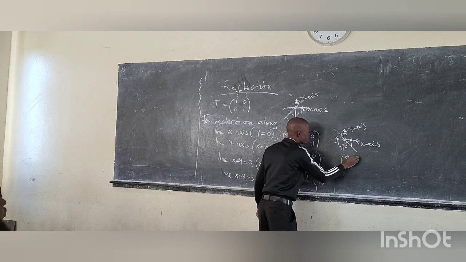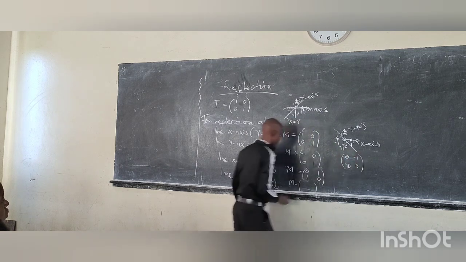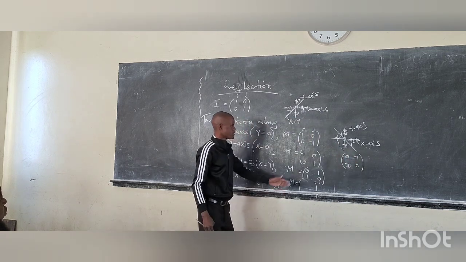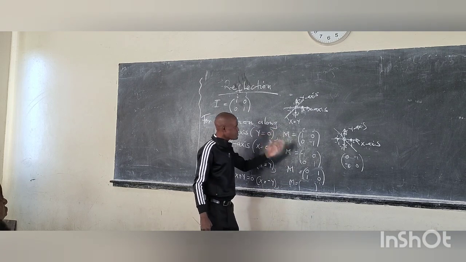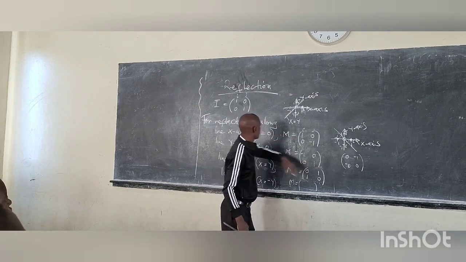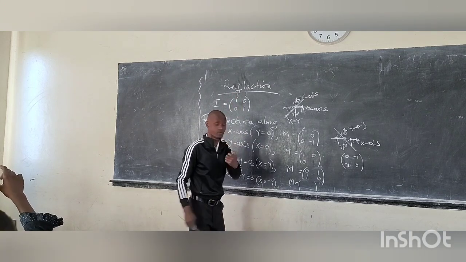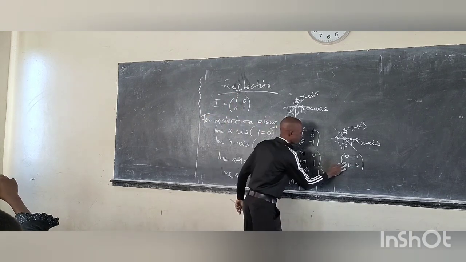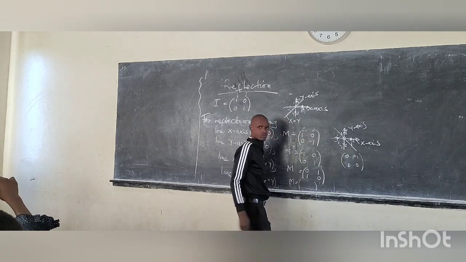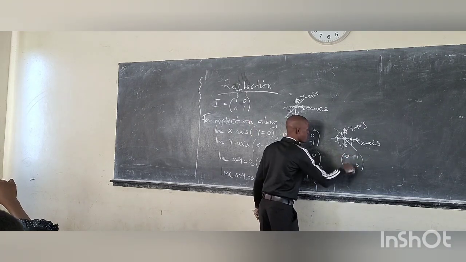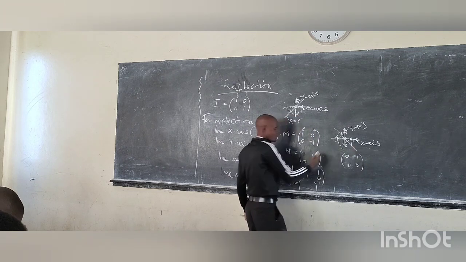And J becomes negative 1, 0. Are you seeing? The elements in the identity matrix have just swapped positions first of all. 1, 0 has gone the other side, 0, 1 has come this side.